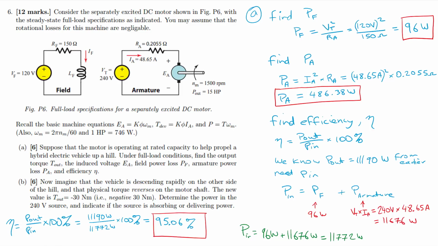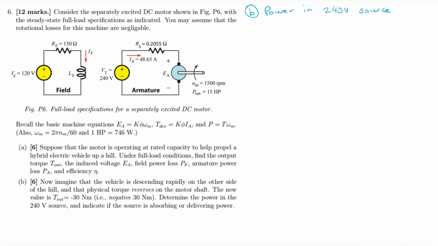So then the next part is part B, and we're supposed to find the power in the 240 volt source with the condition that now the vehicle is descending rapidly on the other side of the hill, and the physical torque reverses on the motor shaft.